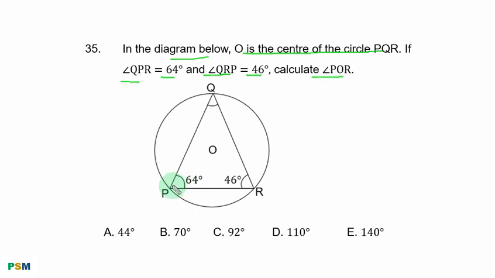You simply join this point to the center to this point, and you are to get this angle. Before then, this angle is needed. You have to add the 3 angles in triangle PQR to get the third angle. And this angle at center is equal to 2 times angle at circumference.